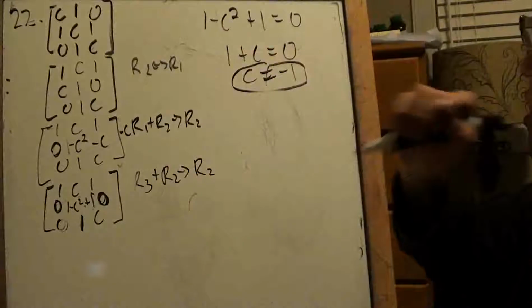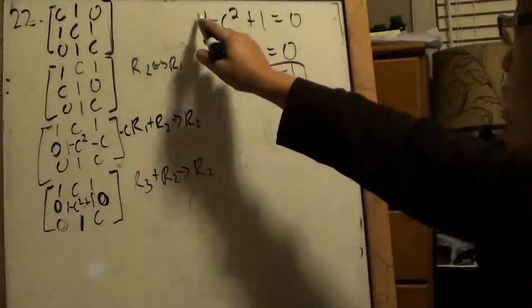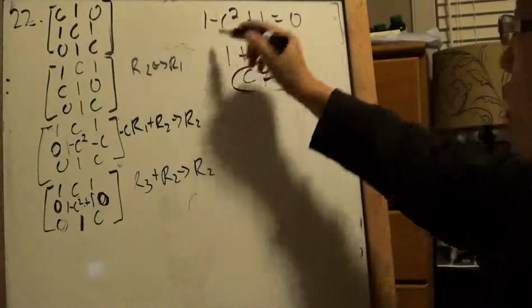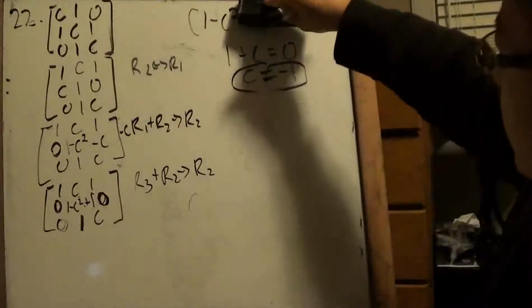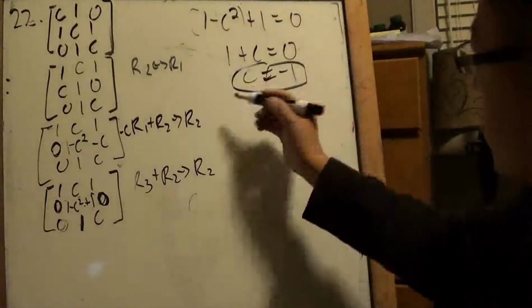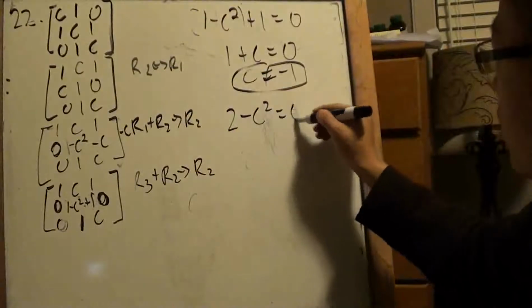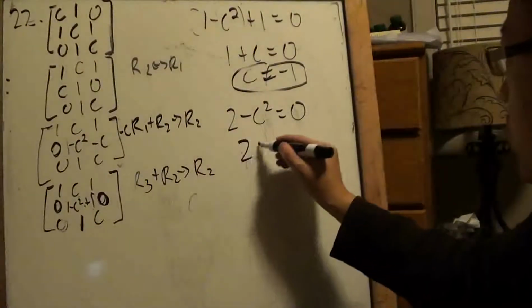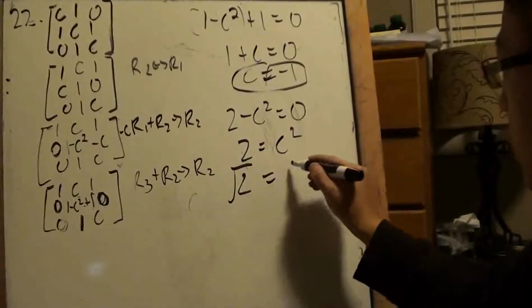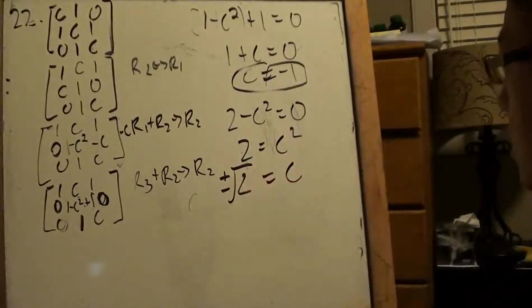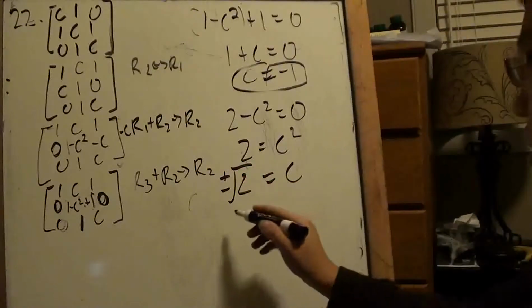Okay, so you have that because, no, we can. Yeah, we can. I thought it was going to look like this. That's why I was like, oh no, we can't add inside of, no, that doesn't matter. So if that's the case, then it's going to be 2 minus c squared equals 0. That means 2 equals c squared, which means square root of 2 is going to be c, plus or minus. Okay, so I guess that's what it is then.